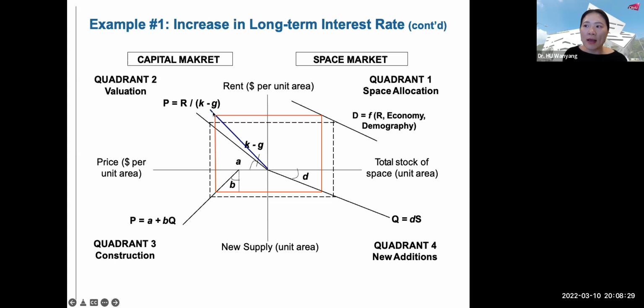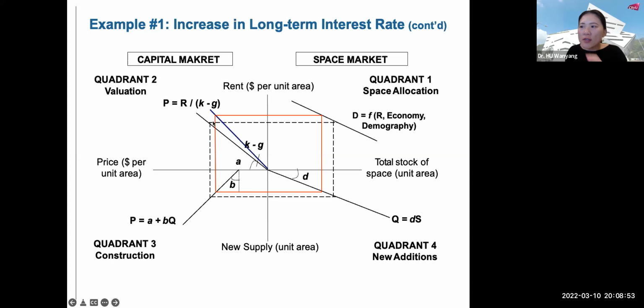Okay, so let's explain it again. Initially we have a K increase, right? Initially we are at this dashed rectangle. But because K increases, we have a rotation of this line to this blue line.